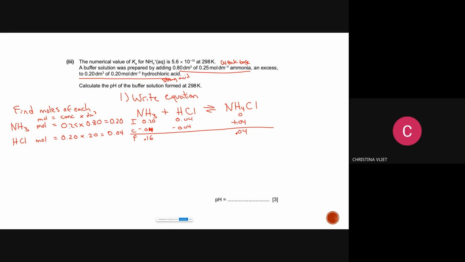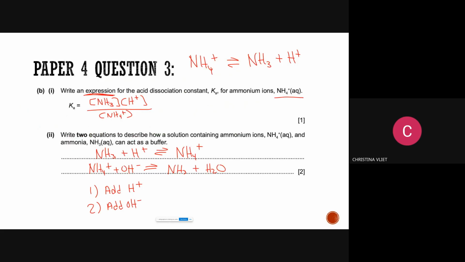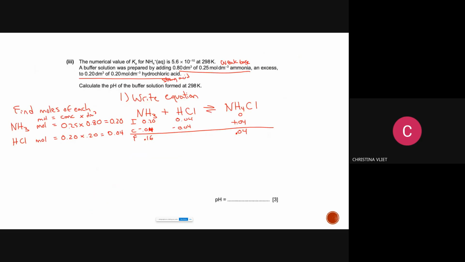So you can use this to solve. That's what they're telling you. You can use this to solve because you've got the NH3, you've got the NH4 plus, and you've got the Ka. So they're telling you that you could use that formula to solve. You could either use that formula to solve, or what else could you use to find the pH of the buffer?